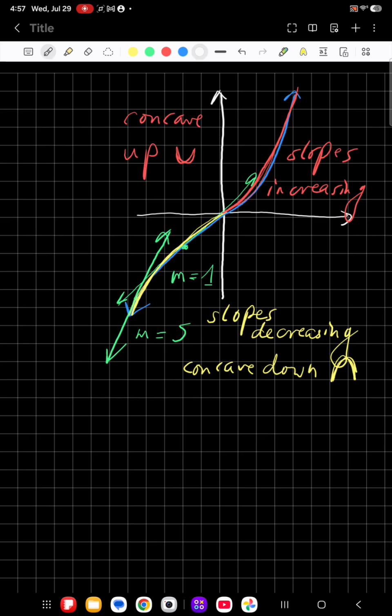So let's write the definition and let's think about it. Think about how we can analytically analyze that concave up or down.